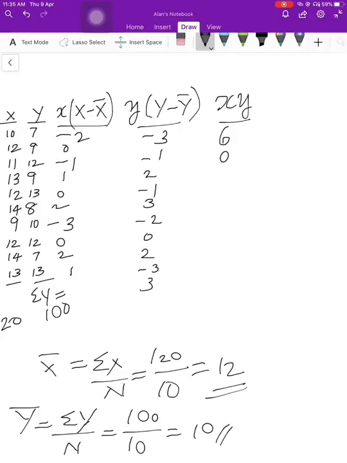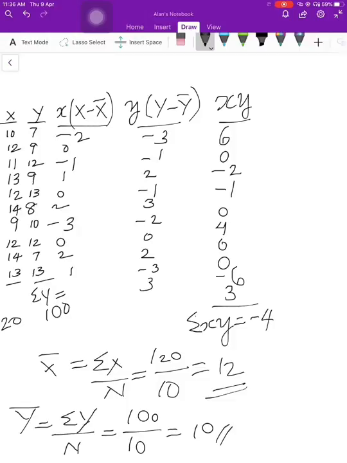I'll just do the sums, do the calculation by yourself: minus 2, then minus 1, then 0, then 4, 0, 0, minus 6, then 3. Once we are done with xy, we go with sigma xy, the summation of xy. The value will be minus 4, once you're done with the sum.